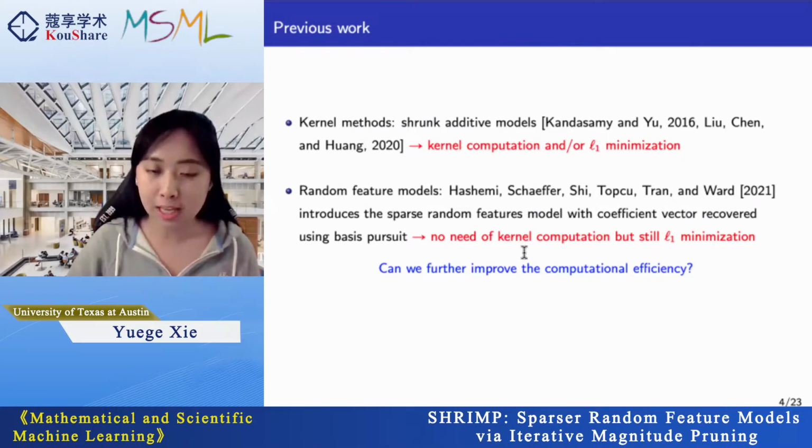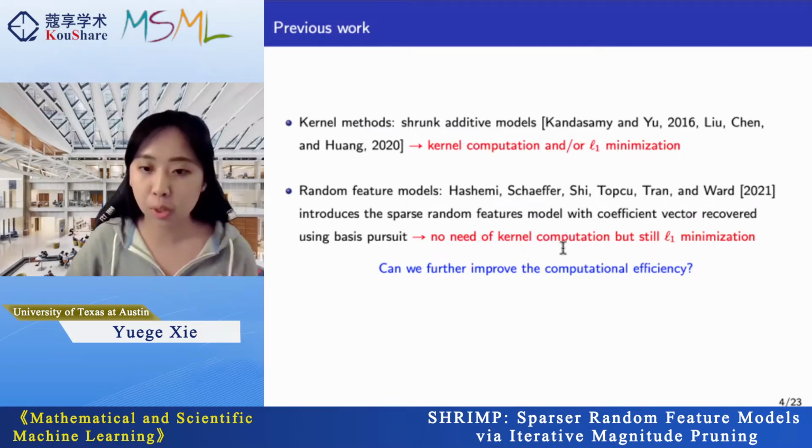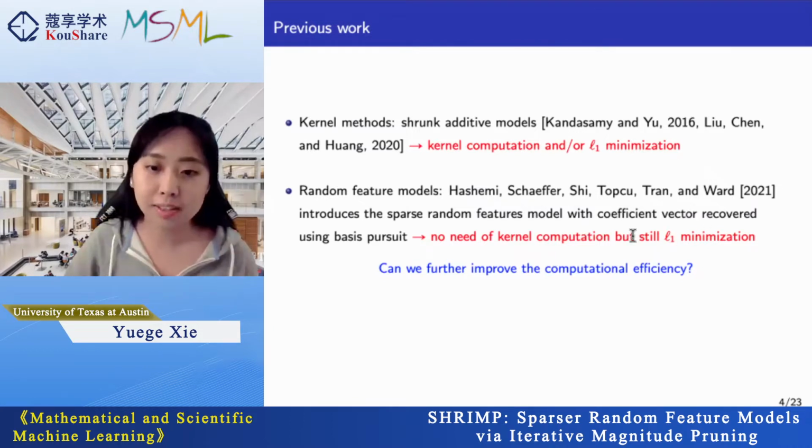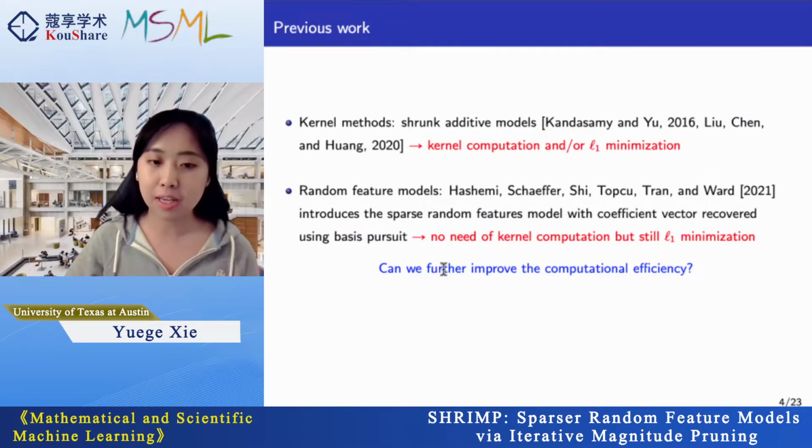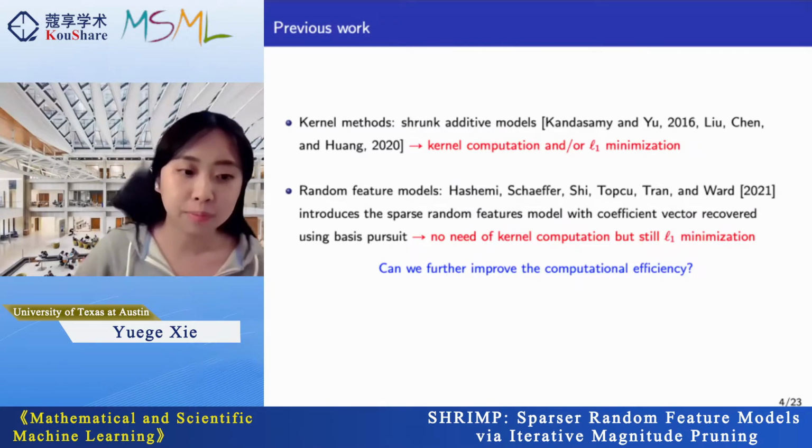So we save the computation from the kernel computation, but there is still L1 minimization, and especially for basis pursuit, it takes a lot of computational cost to get the solution. So our motivation is we would like to ask, can we further improve the computational efficiency to approximate the low order interaction with a sparser random feature model?